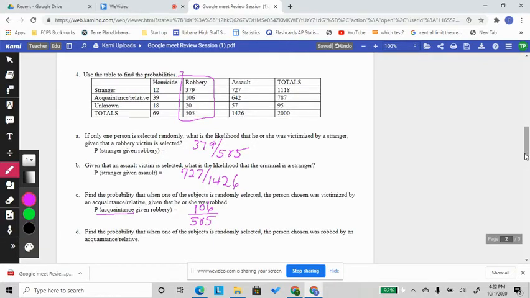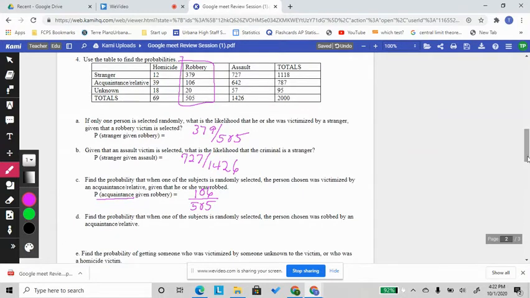All right, next one. Find the probability that when one of the subjects is randomly selected, the person chosen was robbed by an acquaintance or a relative. So you go out of, it's not a given, so you're going to do out of the 2,000 because they're not giving you anything. It's the whole chart. And then you want to know acquaintance or relative.